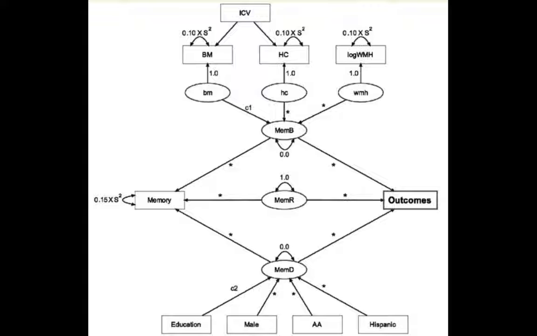These three components are orthogonal. They're not correlated at all. If you're just interested in the MEMR, you really wouldn't need to deal with the MEMD and the MEMB factors. And this would probably be quite a bit easier to do.